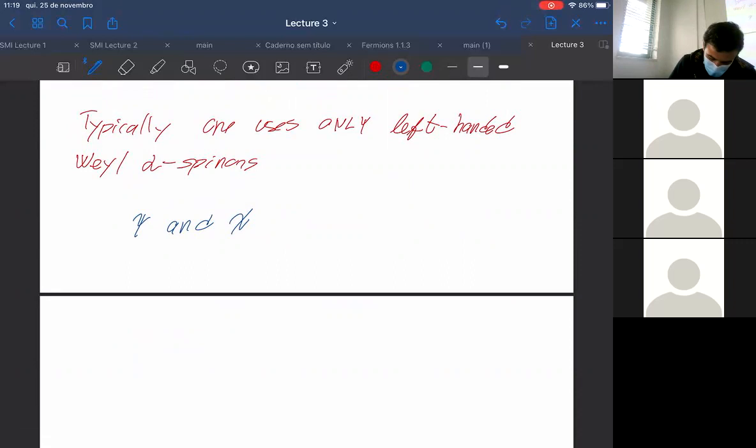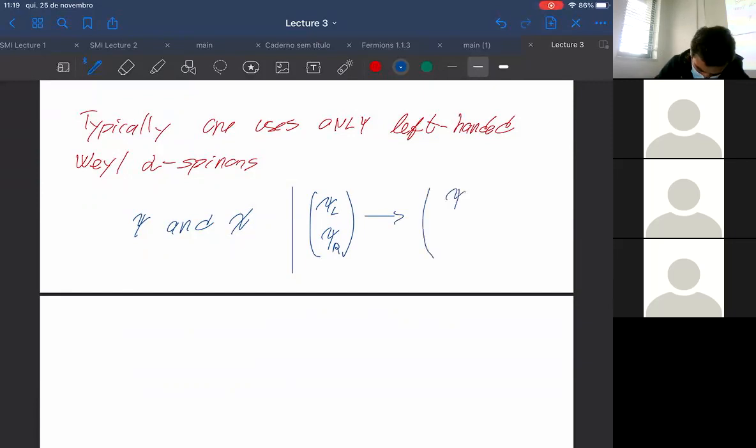So when you write something like, for example, psi L, psi R, you can put it in a notation of purely left-handed as, for example, psi, chi bar. And if we introduce the indices here, you can write the indices.